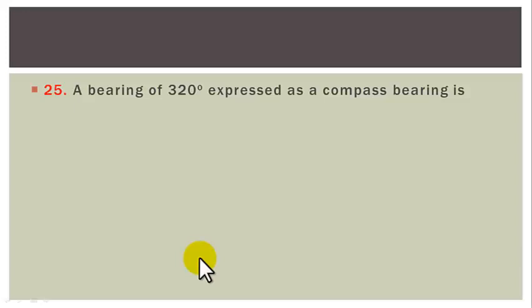Question number 25. A bearing of 320 degrees expressed as a compass bearing is. Solution. Let us draw our compass. That's the horizontal line and the vertical line.